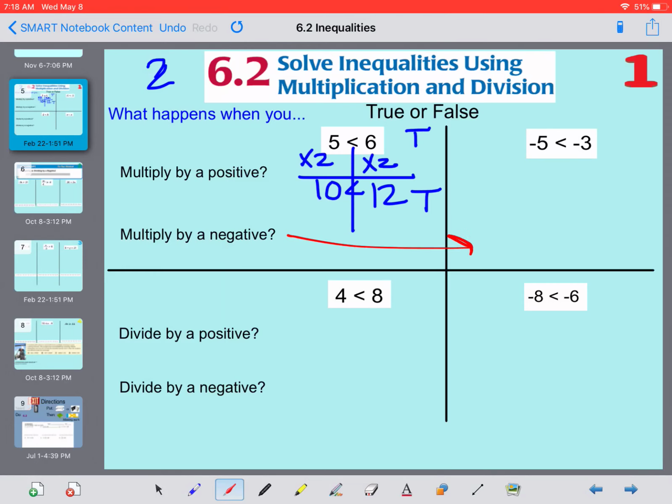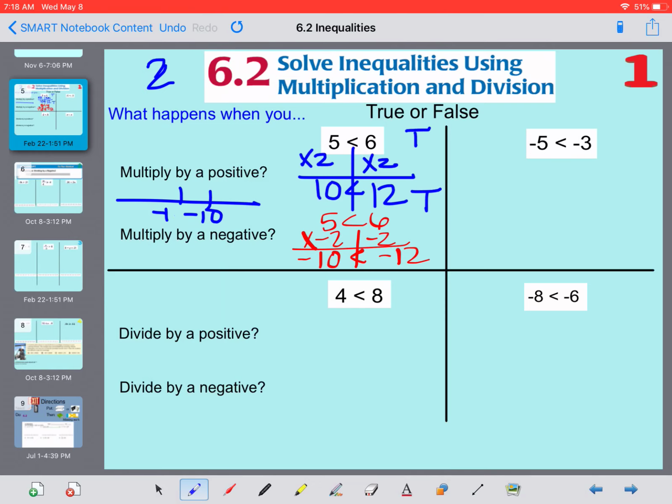But what happens when I multiply by a negative? I'm going to do that still under here. If I have 5 is less than 6, and I multiply by a negative 2, we get negative 10 is less than negative 12. Now if you're not sure, think of your number line for negatives. Negative 10, negative 11, negative 12, because 0 is over here.